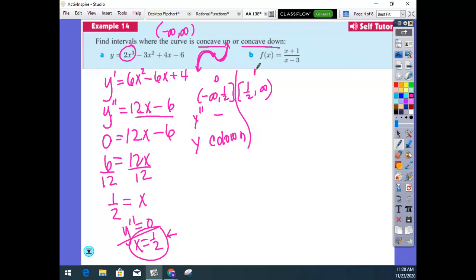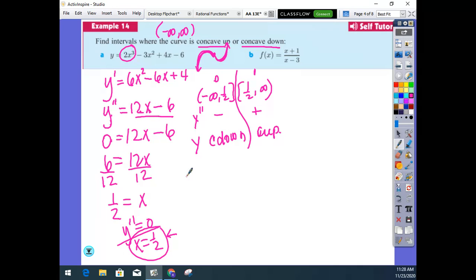Now I'm going to plug 1 in because that's in my second interval. If I plug 1 back in for x, 12 times 1 is 12, minus 6, that's a positive value. So y is concave up, which is what I expected to find.